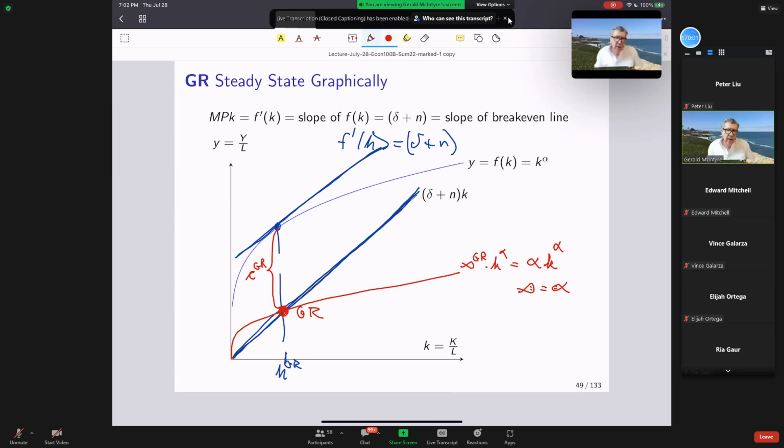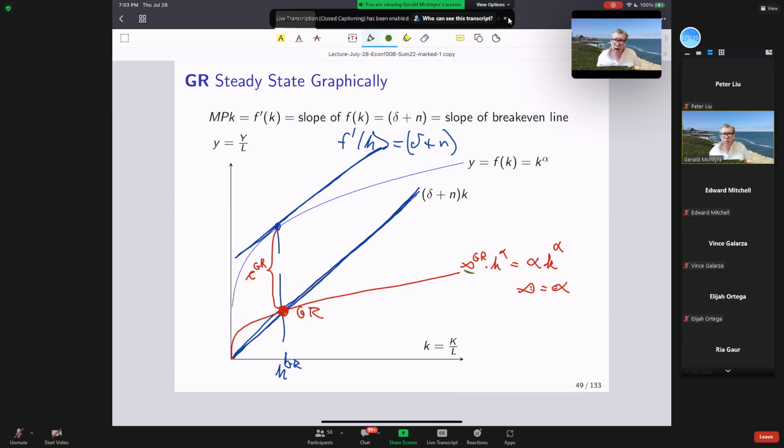And the logic of it is that policymakers, if they care about the citizens of their country, should try to make them as happy as possible, to give them as high a consumption per worker as possible, not income, but consumption. And they should try to get to the golden rule. The way they can get to that golden rule is by changing this savings rate. If the savings rate is too high, reduce it.